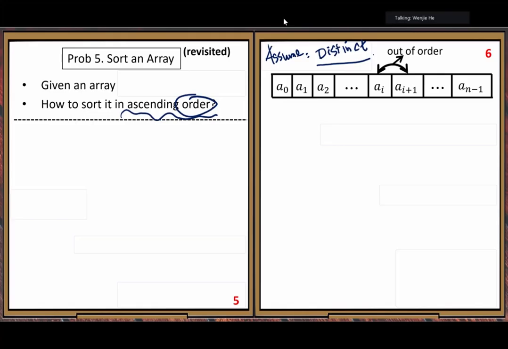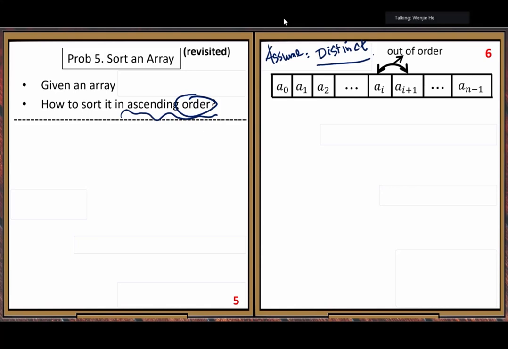We consider all the elements are distinct. How about that? That's our first case. After we solve the first case, then we go to other cases. So this distinct assumption, that's our first case.